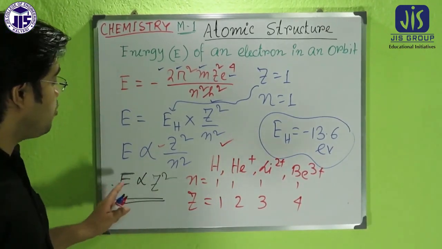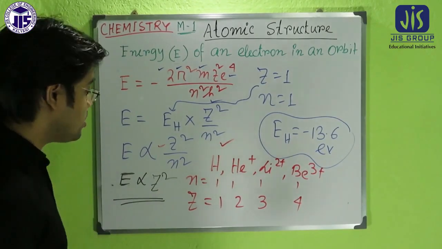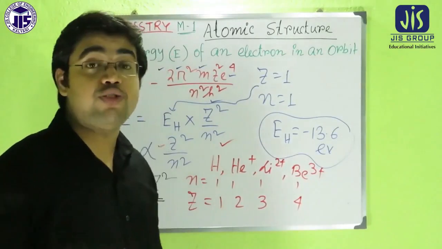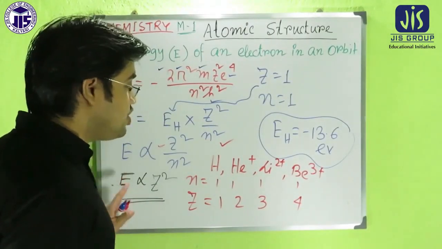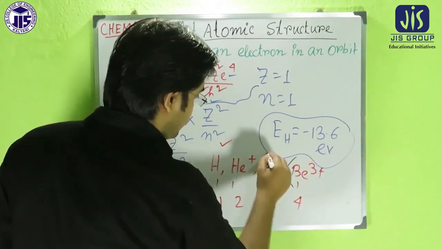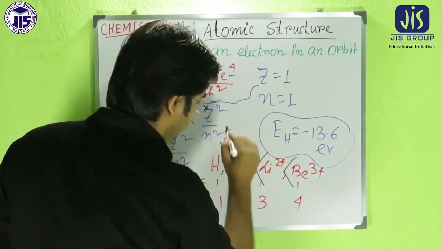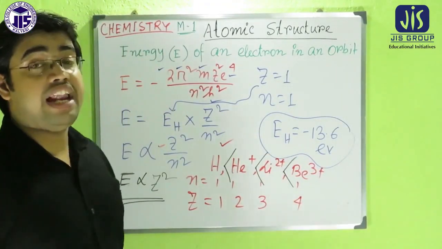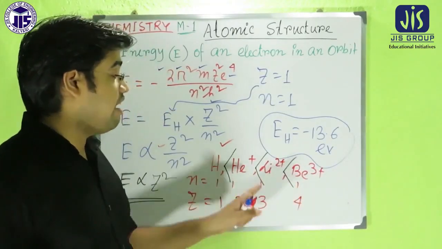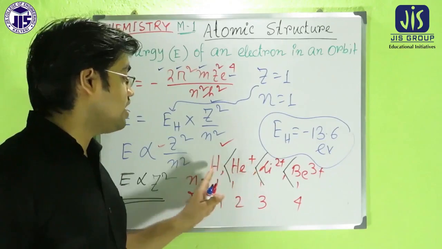So if E is proportional to z square, then obviously if z is increased, the energy value is also increased. So the order will be like that. The order of the energy of the electron in the first Bohr orbit will be highest for beryllium 3 plus, then lithium 2 plus, then helium plus, then hydrogen.